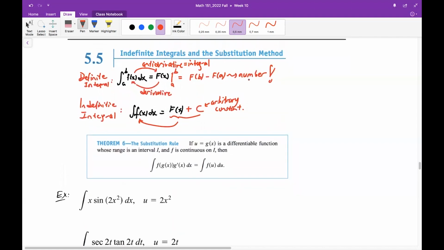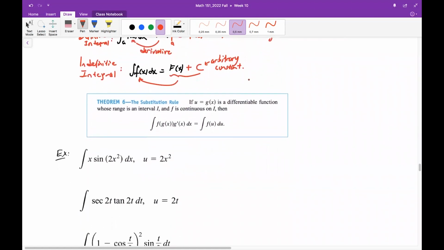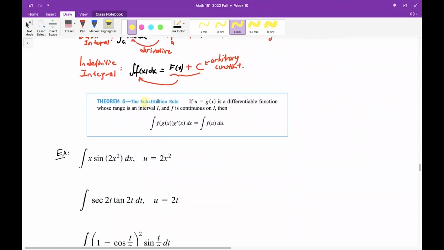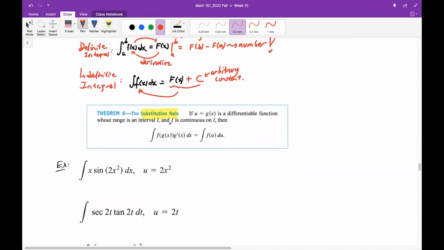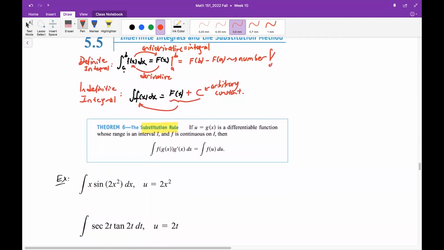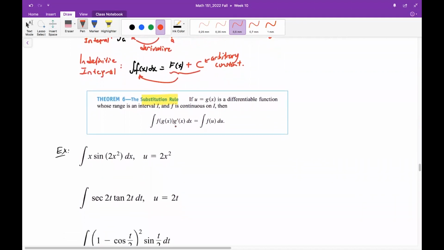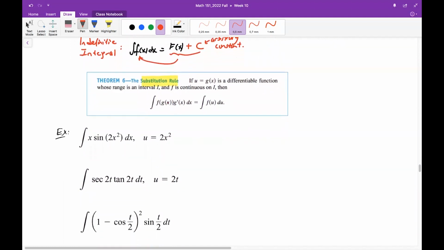Okay, after recalling this difference between a definite integral and an indefinite integral, now we can look at the substitution method. This method gives us a way to integrate more complicated functions like this. For example, we no longer have just f of x dx, but a more complicated expression.